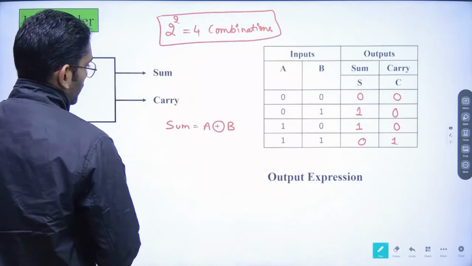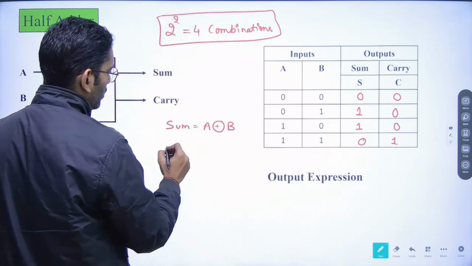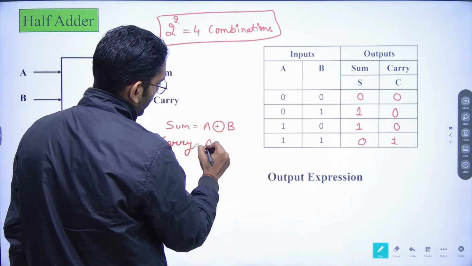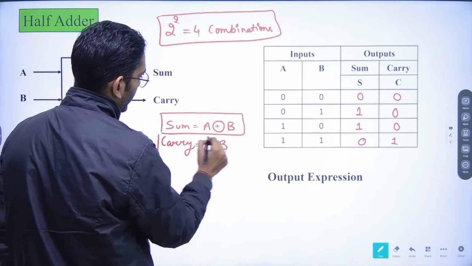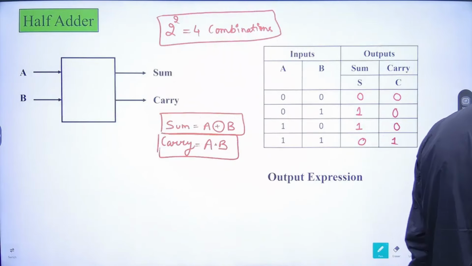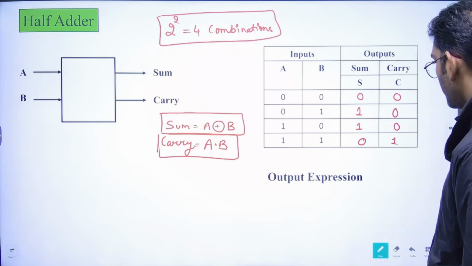And the carry can be written as a dot b. So this is the basic output expression that we are getting.